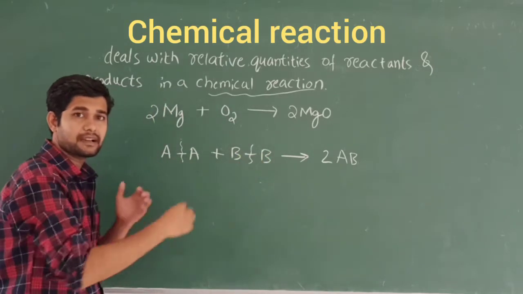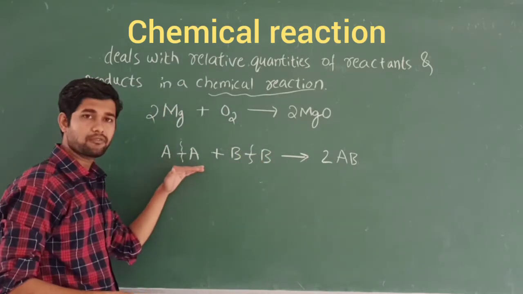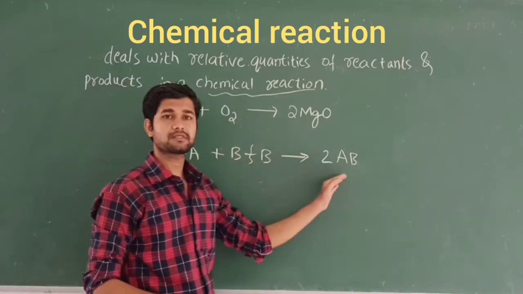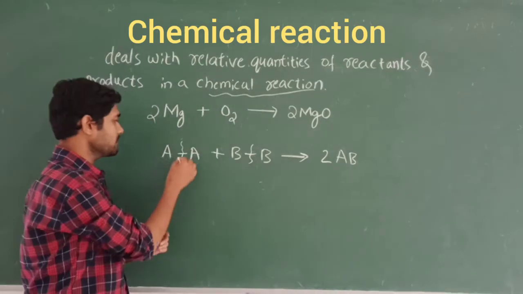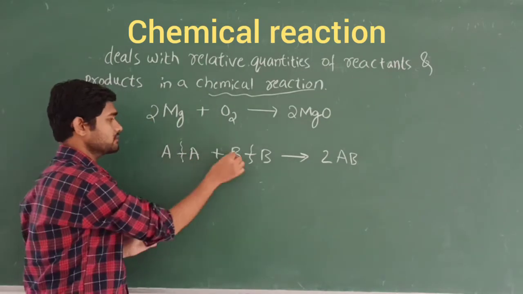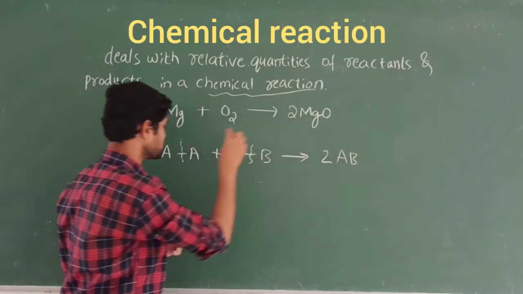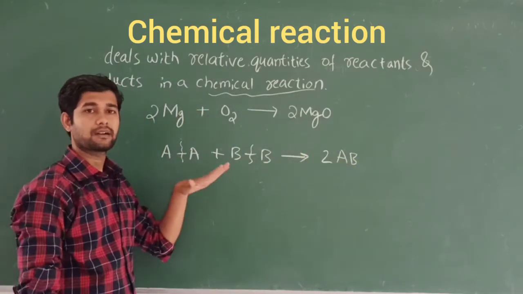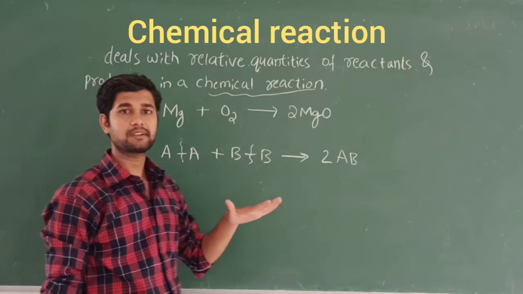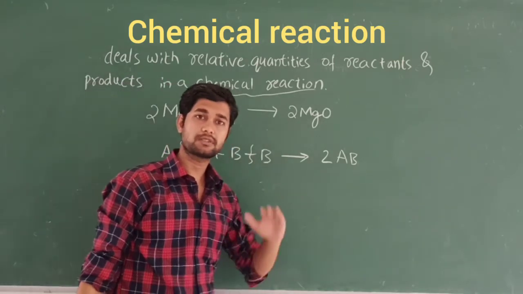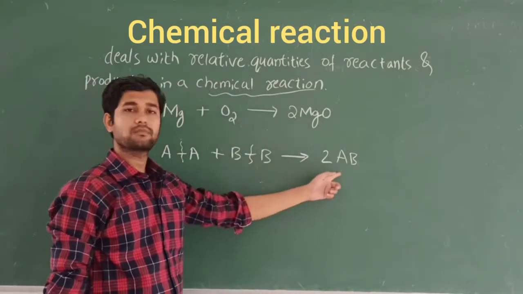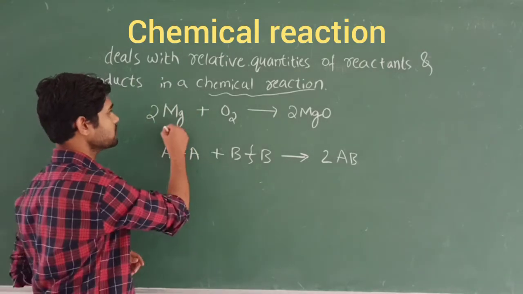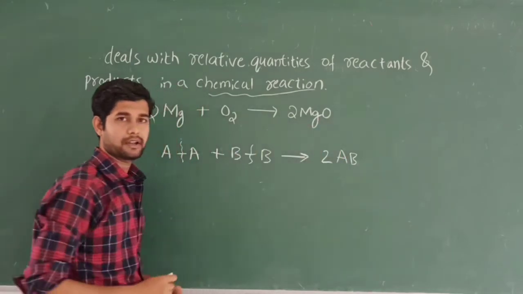The atoms of various molecules of reactants are rearranged to give the various molecules of the products. This A and this B combine to form one bond, and this A and this B combine to form another bond. So that is called a chemical reaction, a rearrangement of the atoms of the molecules in the reactants into the products.